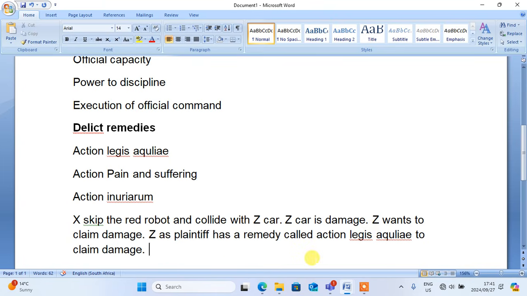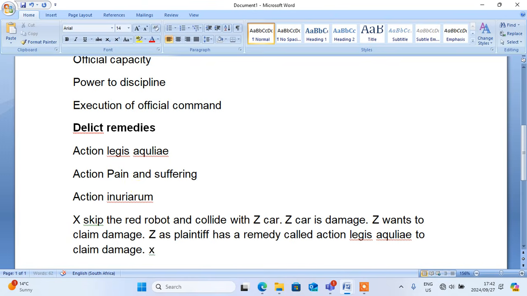Since there's a patrimonial loss on the side of Z, Z will use a delictual remedy to claim damages from X, right? This is used by the plaintiff to claim damages from the defendant.